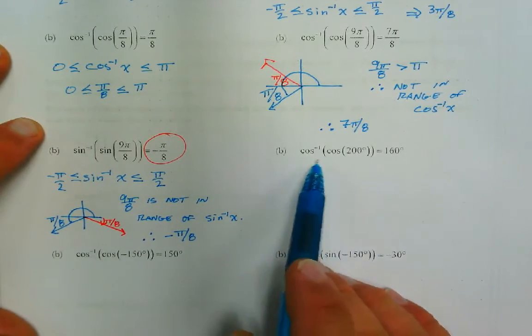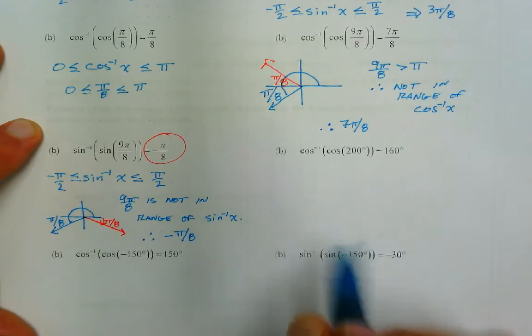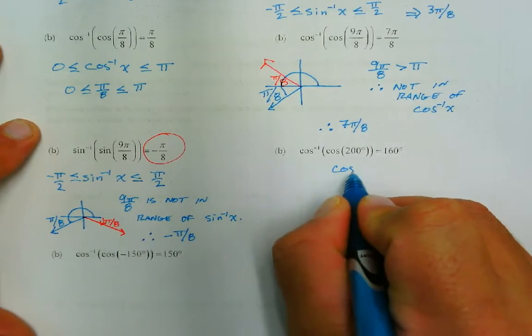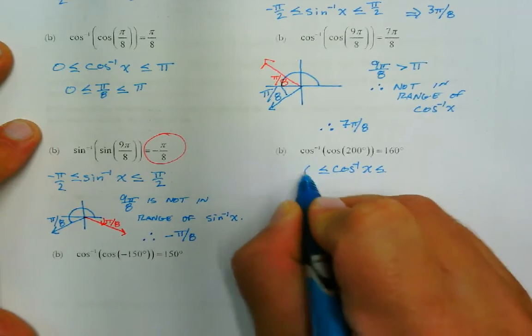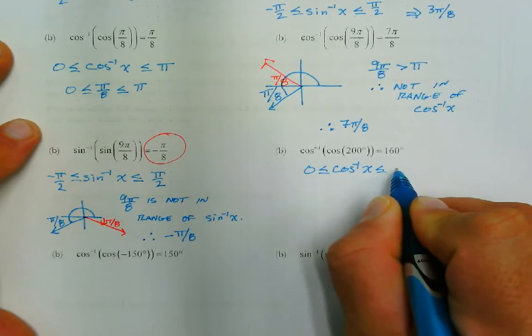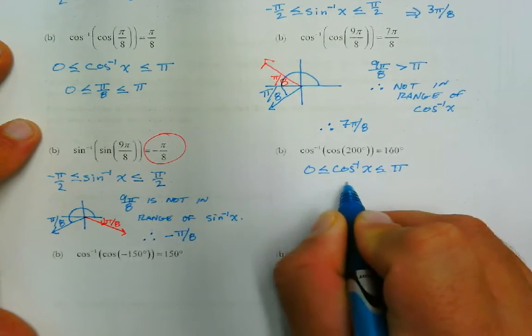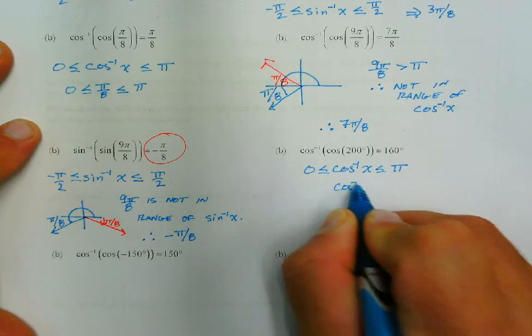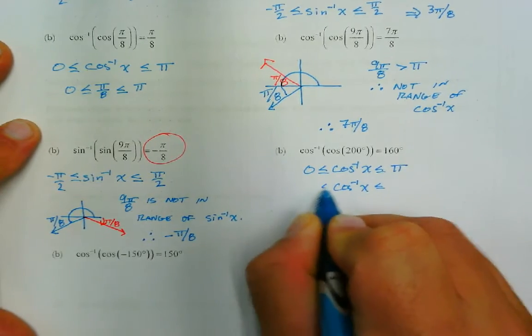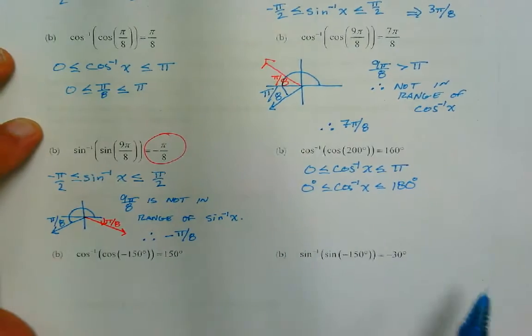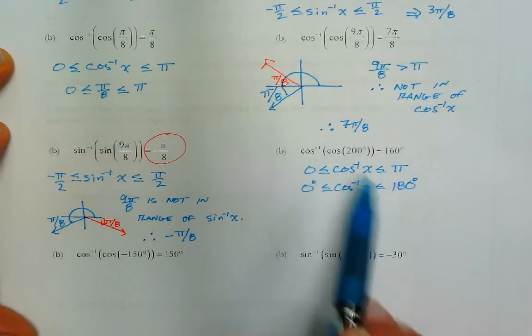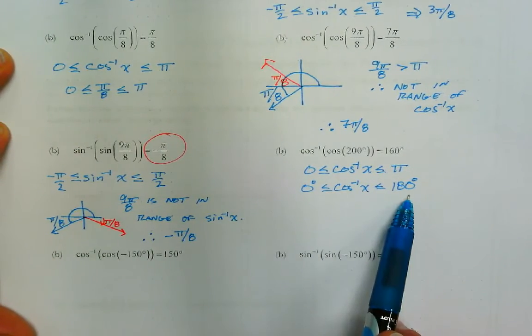The inverse cosine of the cosine of 200. What do we know about the range of the inverse cosine? Inverse cosine must be between 0 and pi, which means between 0 degrees and 180 degrees. 200 degrees is not in that interval.